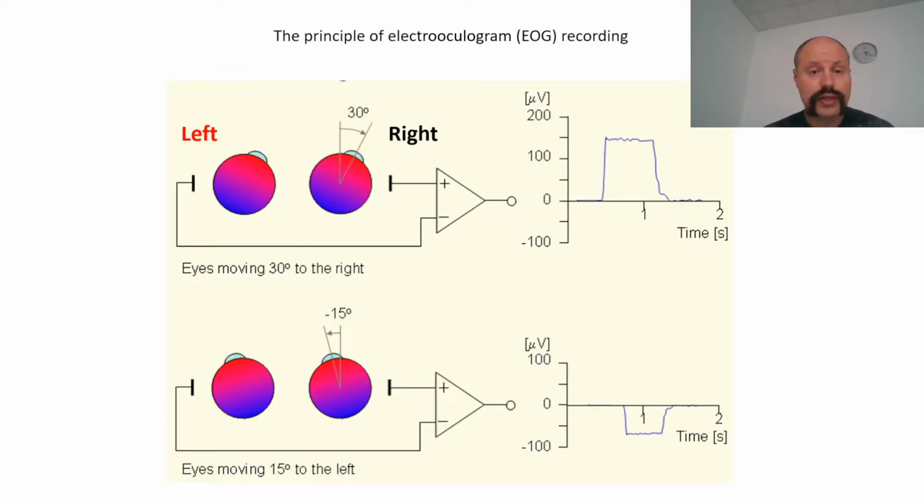With two electrodes placed on the right and on the left, one can achieve very strong amplitude of electric response, the difference of potential between the left and the right, when the eyeballs are rotated leftwise or rightwise, which is proportional to the angular amplitude of the rotation.